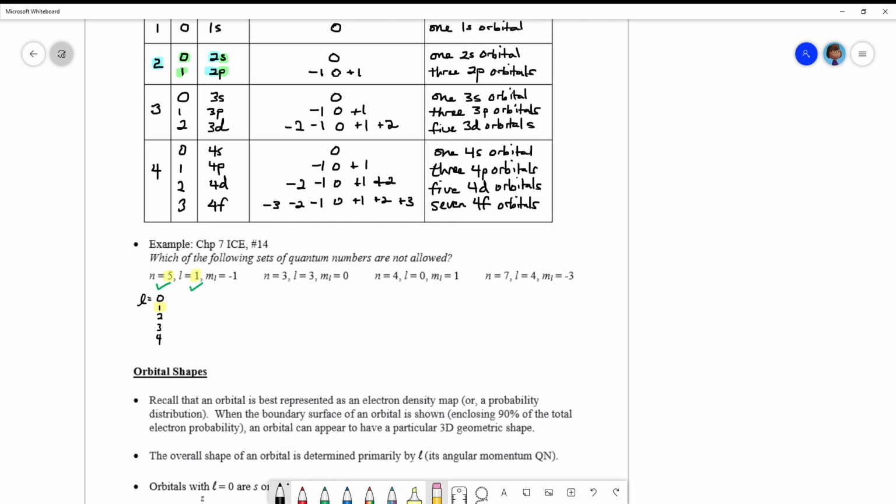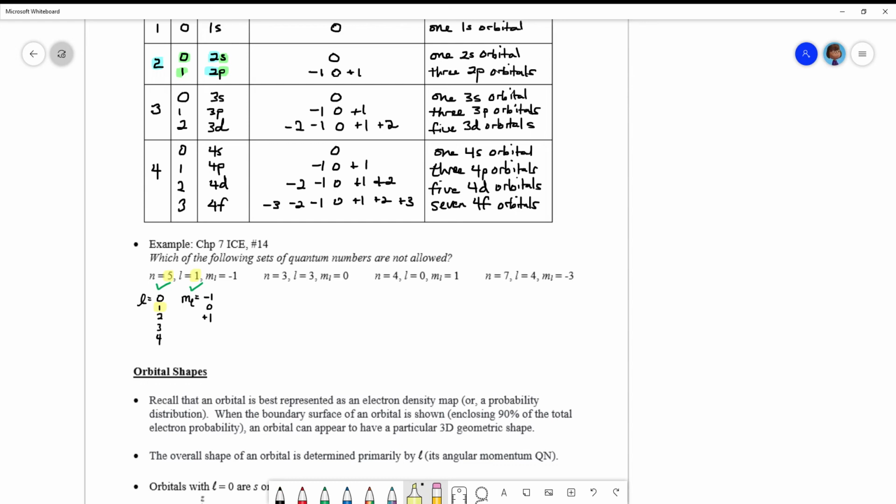Now that we know that L equals 1 is allowed for an n value of 5, our next question is, if L is equal to 1, what are the allowed m sub L values? Well, when L is equal to 1, m sub L can take on values of -1, 0, and +1.